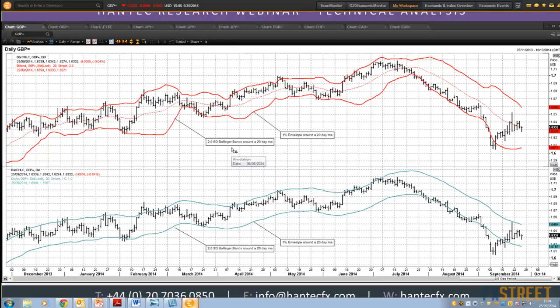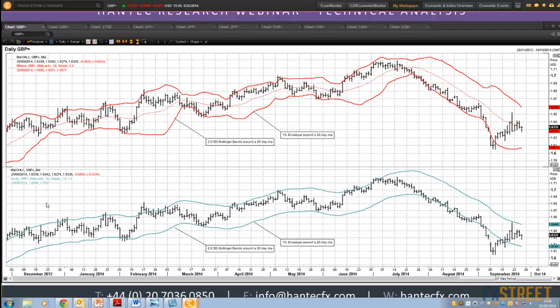Now, some people do use envelopes, which are basically percentage moves around a moving average. In this case, I've got cable here on this chart.